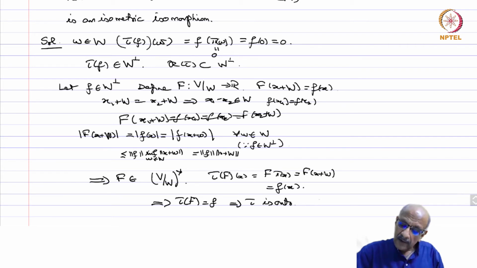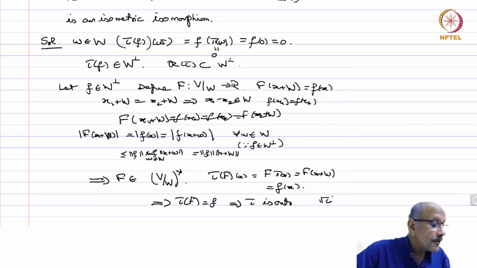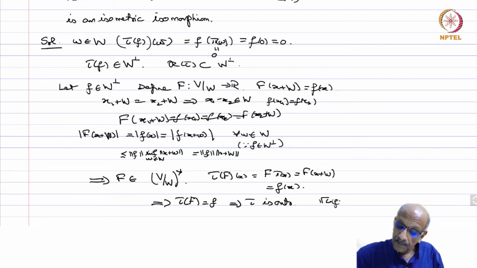And you also have that norm of tau of F is less than or equal to norm F, because tau F of x is F of x plus W.